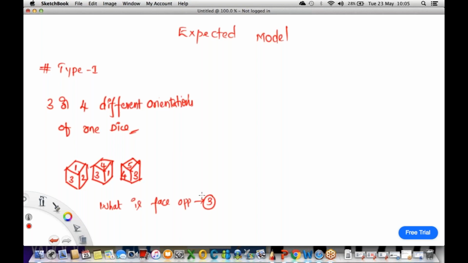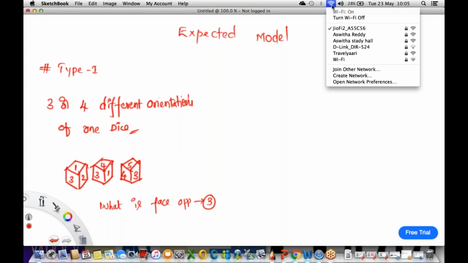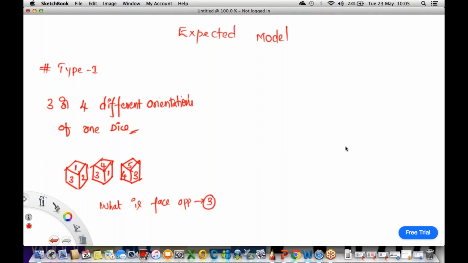Audio and video is not syncing. Okay. Yeah, I'll cross check that.